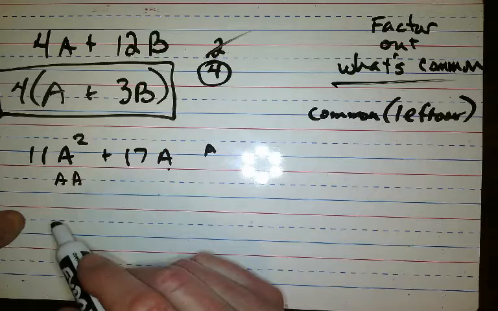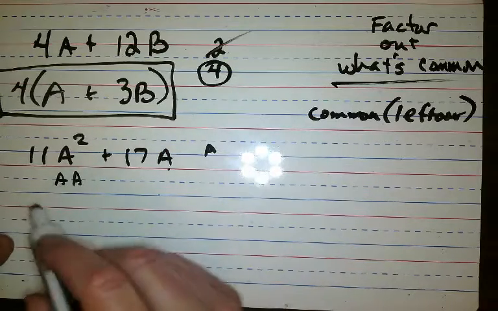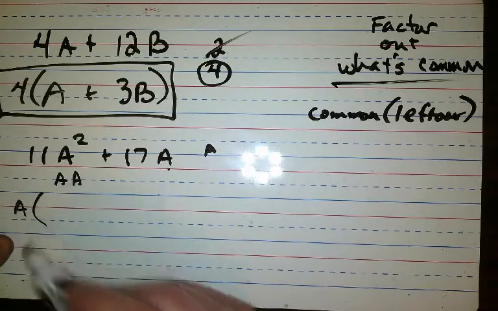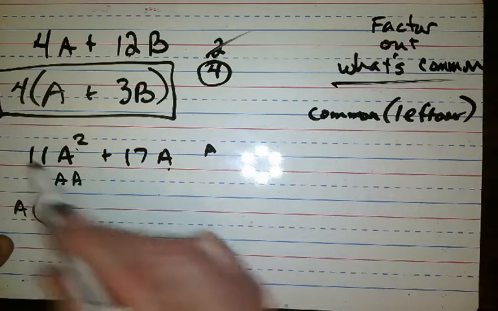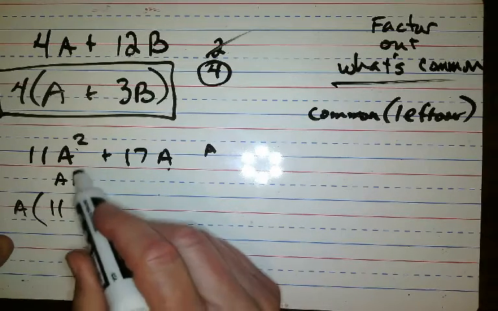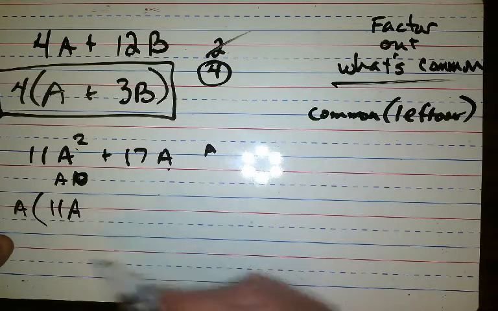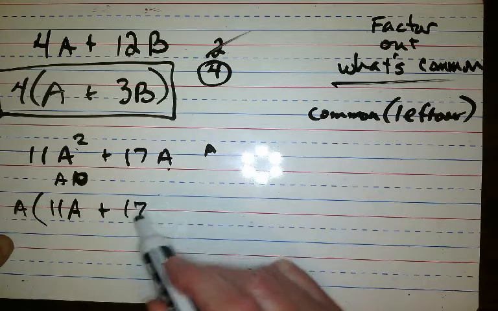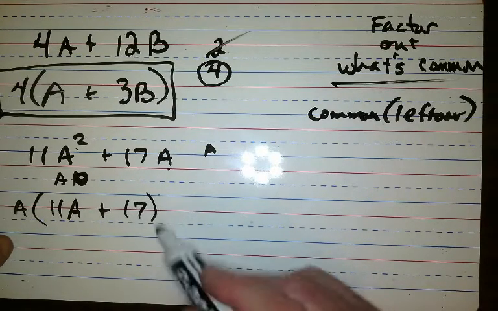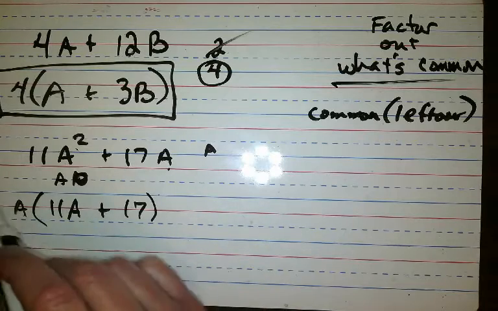That's what a squared is. So if I take 1a out of here, that's going to leave me with 11a. And if I take 1a out of here, that leaves me with just 17. Look at that. So this is the answer.